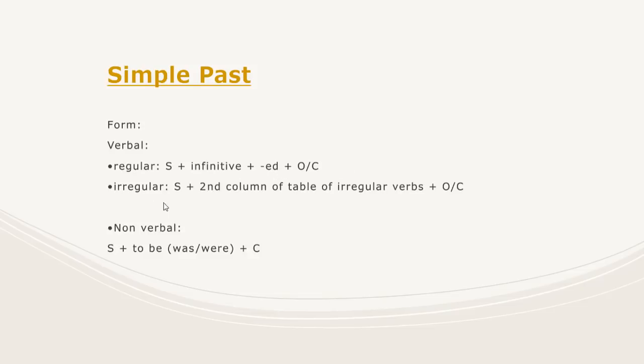When it is irregular, okay, subject plus the second column, like go, went, that one, plus object or complement, right? And this one is non-verbal, like subject plus to be, was or were, plus complement. Like, what is it like? He was absent yesterday, right? Okay.